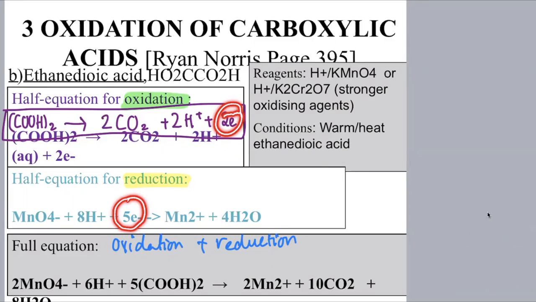Okay, so what you have to do is you have to match them, right? So this oxidation equation, you multiply it by 5, everything multiplied by 5, and then the reduction half equation, you multiply it by 2, so that you get 10 electrons on each half equation. So you don't just multiply the electrons, you have to multiply every single thing.